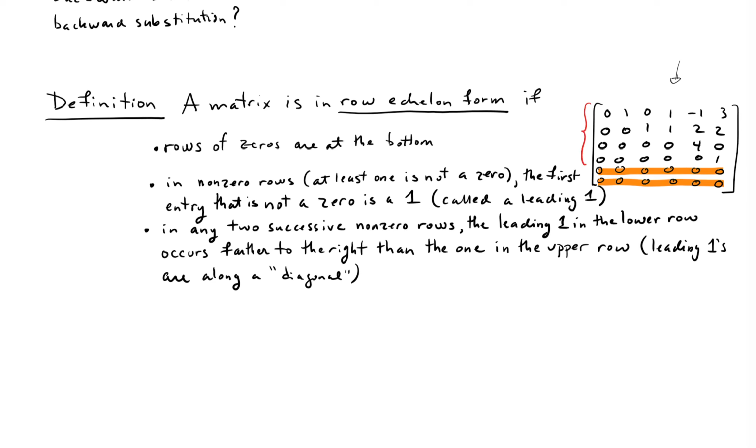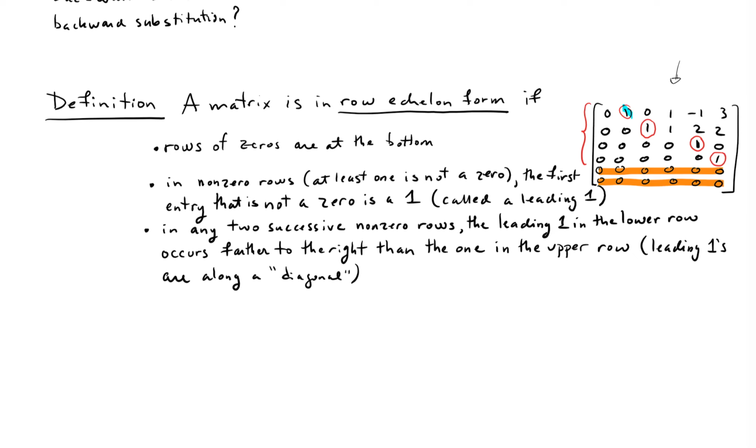And number 3, in any two successive non-zero rows, the leading one in the lower row occurs farther to the right than the one in the upper row. That's kind of hard to digest, but look what I wrote in the brackets. It's easier to remember this way: leading ones are along a diagonal. It's not an exact diagonal.